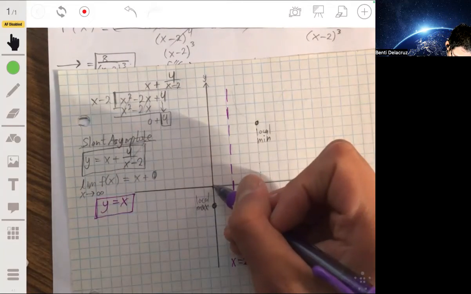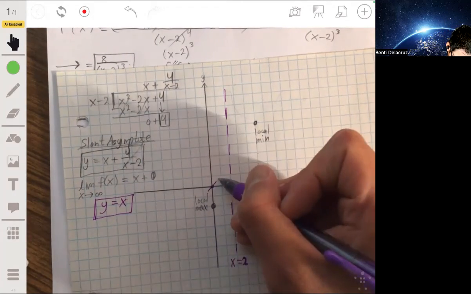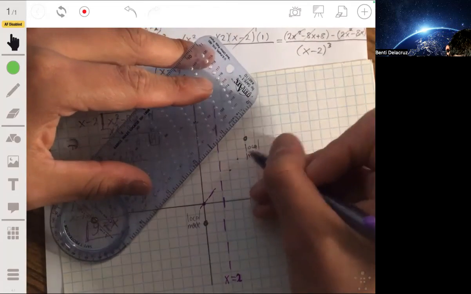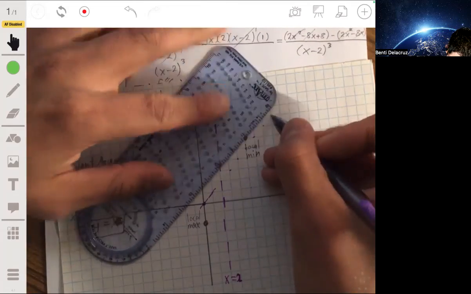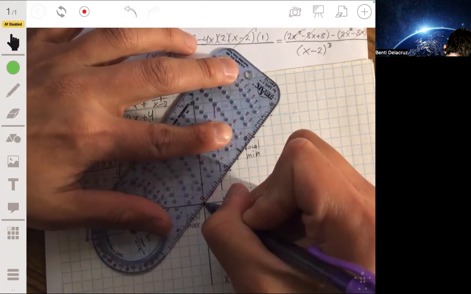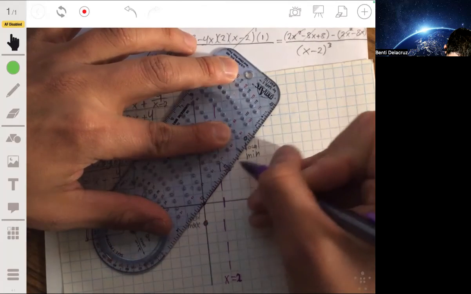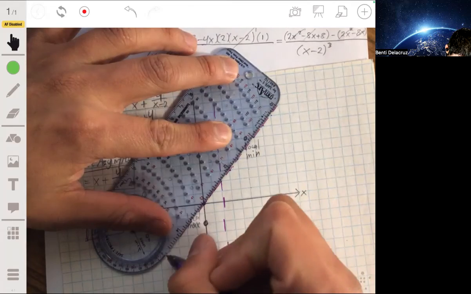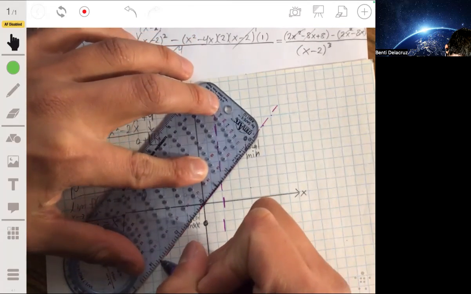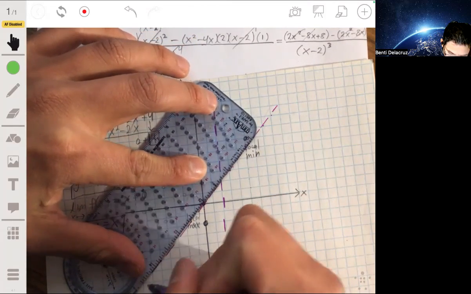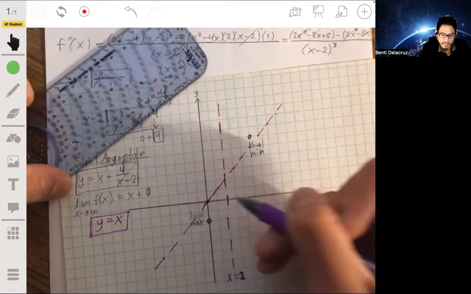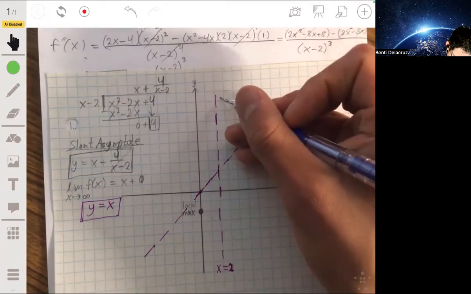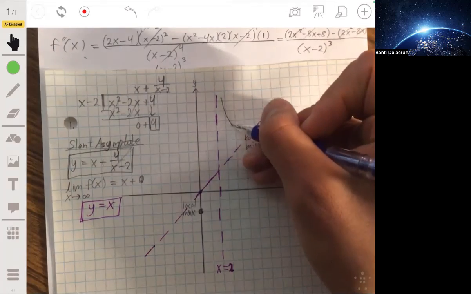So let's draw our diagonal, y equals x here. And then our function is still going to be concave up, concave down there, but now we have more of a guideline of how it's going to look.